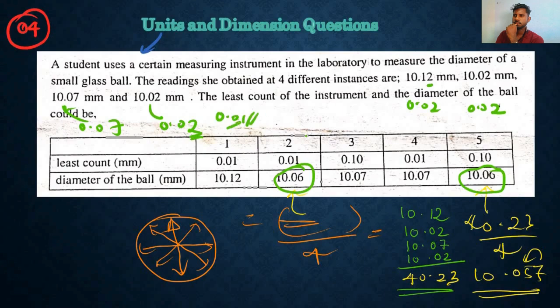So that's the least count. So it's the second one, right? I hope you remember the method we did. Practically, when we need to find the diameter of a glass tube or glass bowl, whatever it is, we take the readings from various points, like 1, 2, 3, 4 points, and we take the average value.